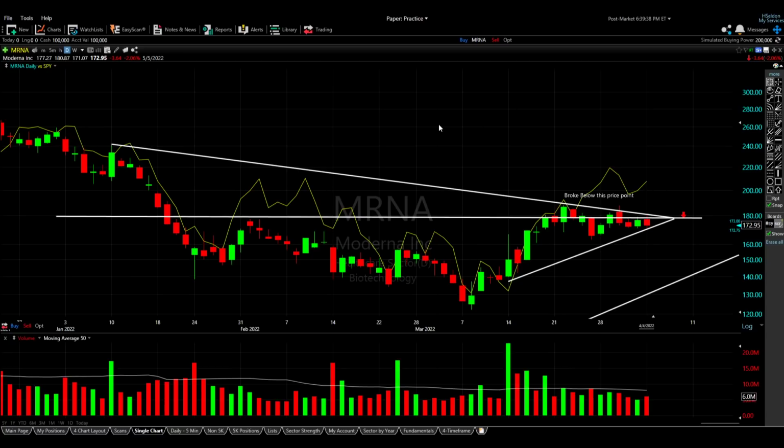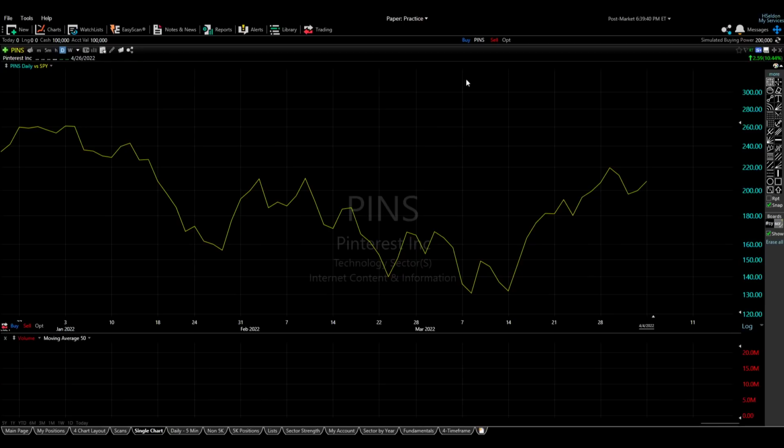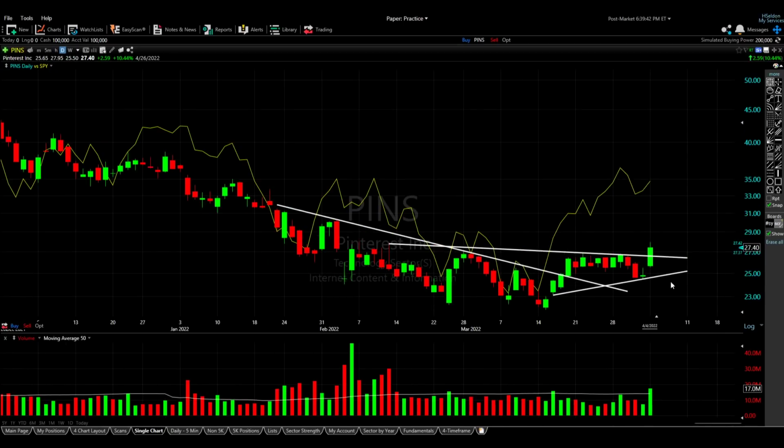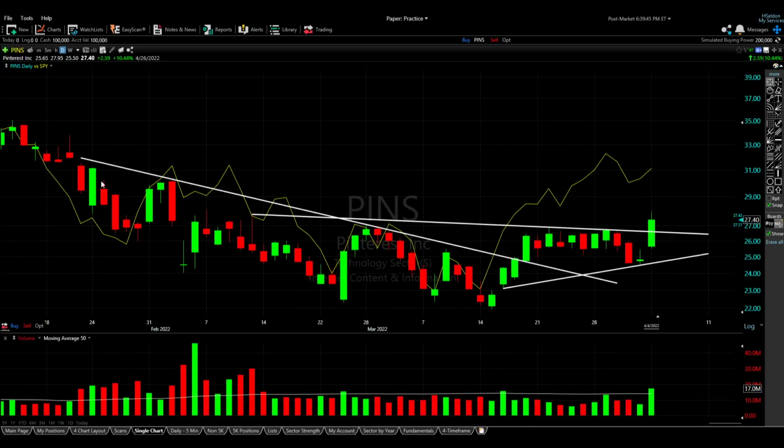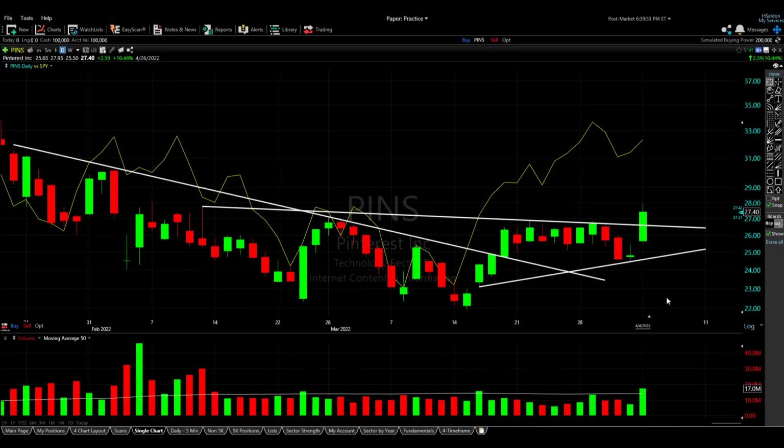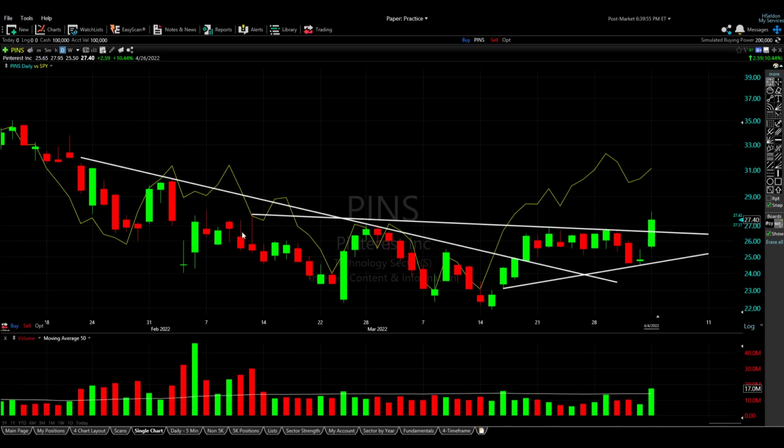Take a look at the sympathy play of pins. Pins right here. Quickly drew this, so forgive if it's not perfectly connected here, but here you have pins where it broke above this resistance point.